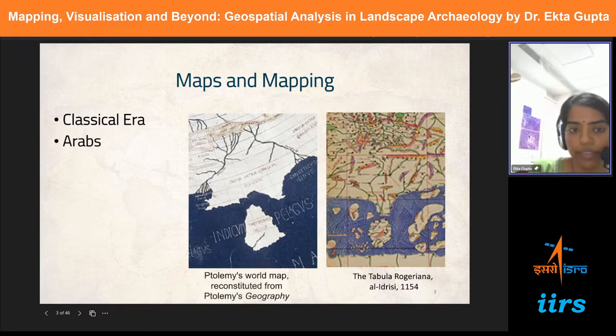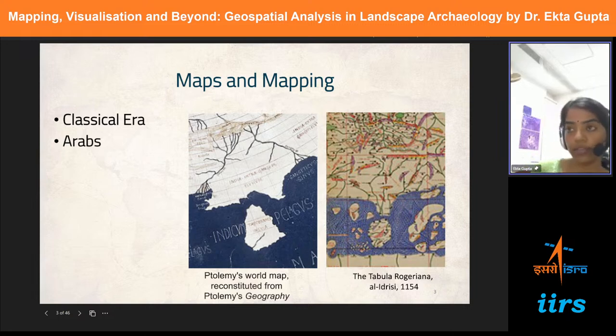So I will be talking about the maps which were produced later, during and after the age of discovery, when people started exploring land all over the world. And then these maps become an important source of information about archaeological sites as well as about geomorphology of the area. And that is why they become very important.